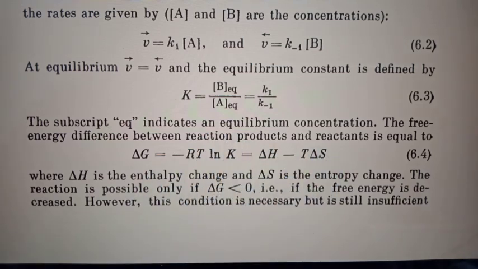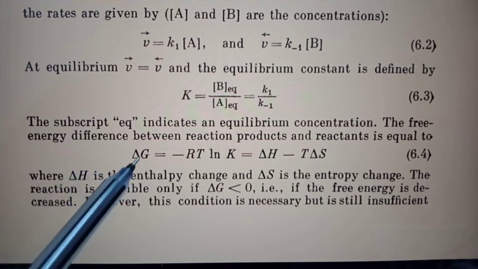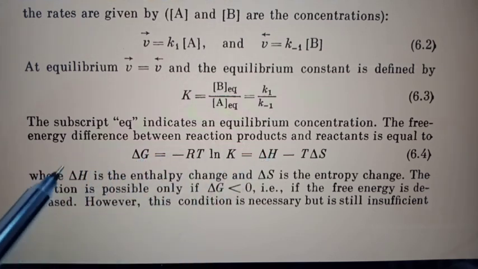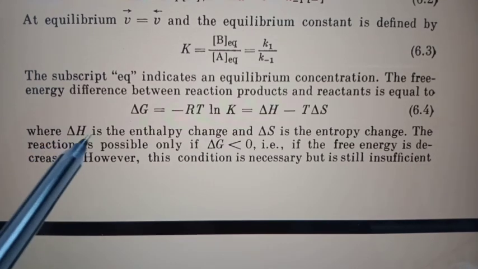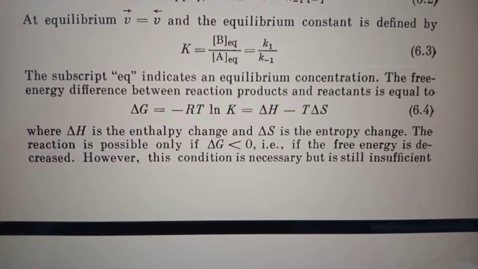The free energy difference between reaction product and reactant is equal to this, where H is the enthalpy change and S is the entropy change.